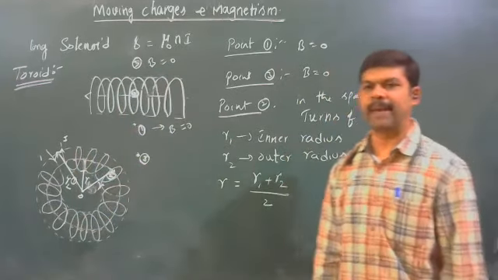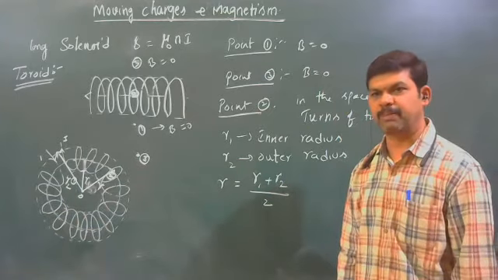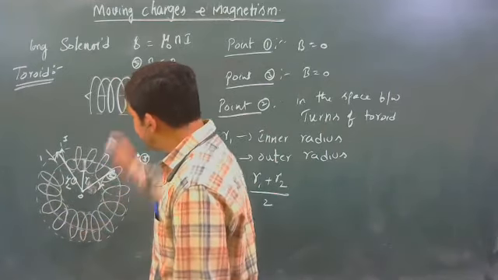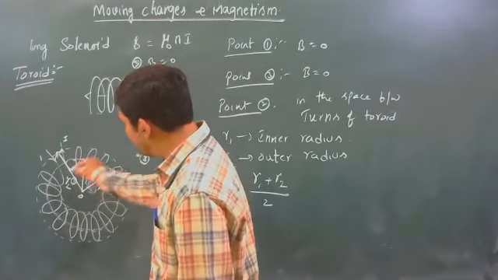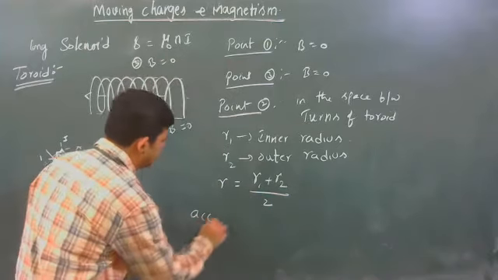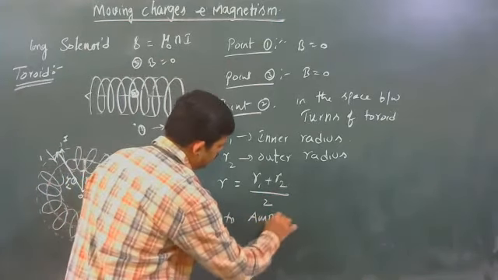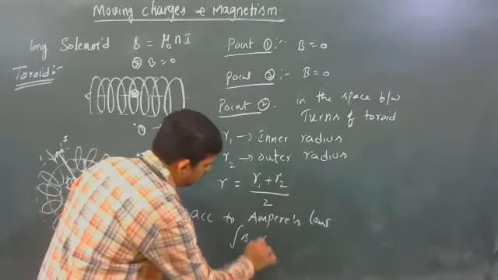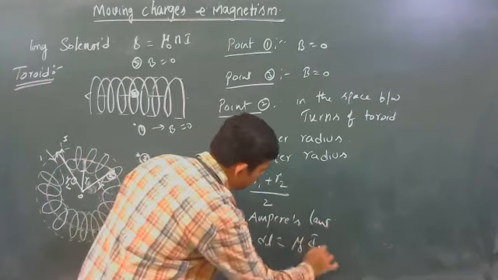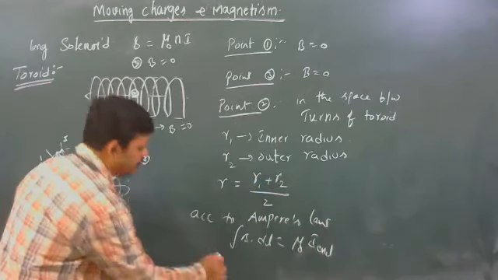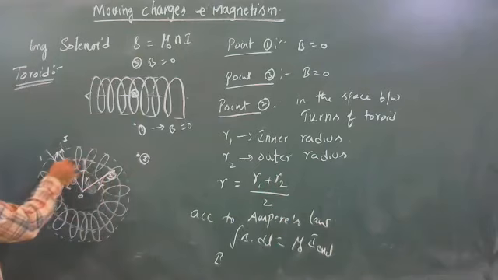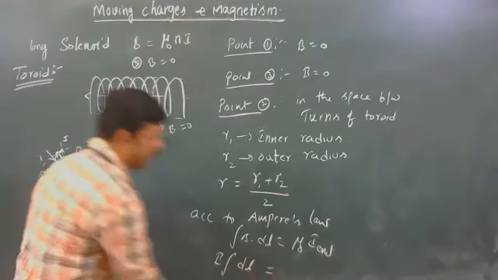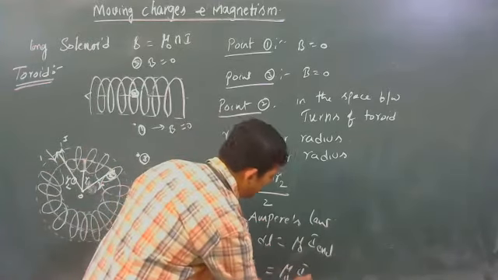Then according to Ampere's law, integral B dot dl is equal to mu naught I enclosed. At every point on this loop, B is the same, so B is constant, B integral of dl equals mu naught I enclosed.